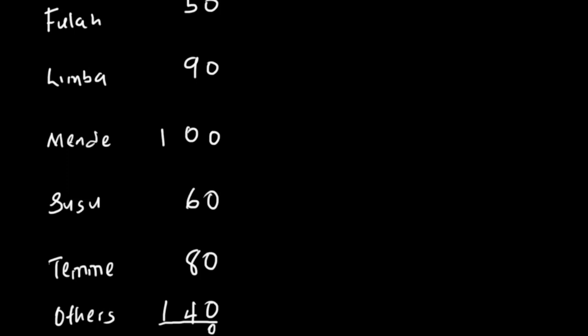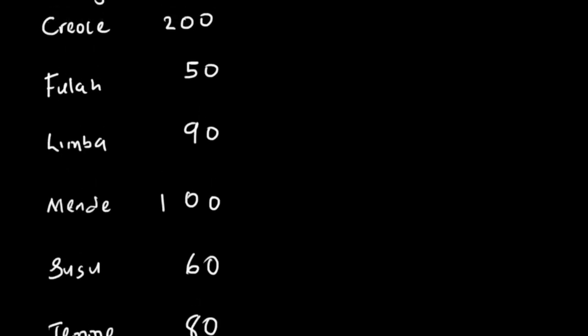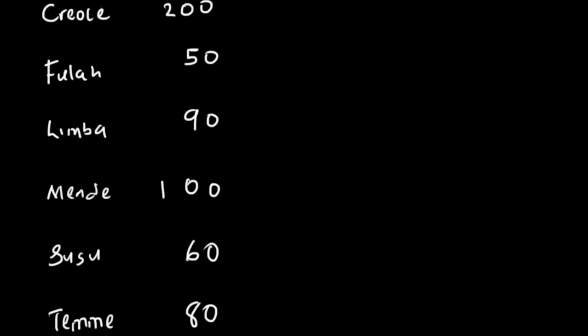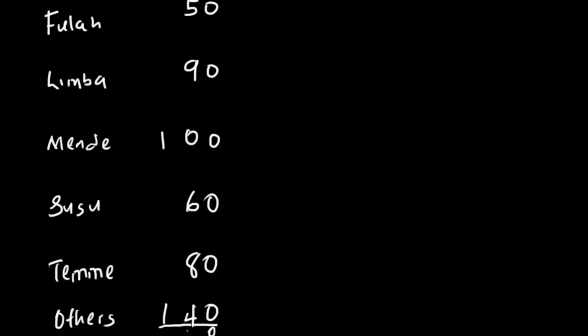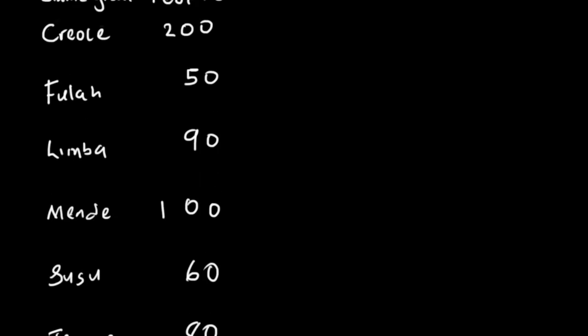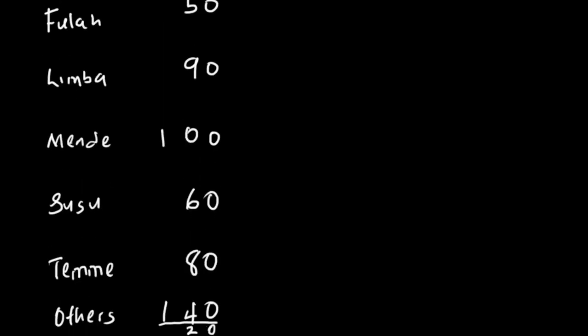Then the tens: 5 plus 9 is 14, 14 plus 6 is 20, 20 plus 8 is 28, 28 plus 4 is 32. So we write 2, carry 3. Then 3 plus 2 is 5, 5 plus 1 is 6, 6 plus 1 is 7. So the total here is 720.